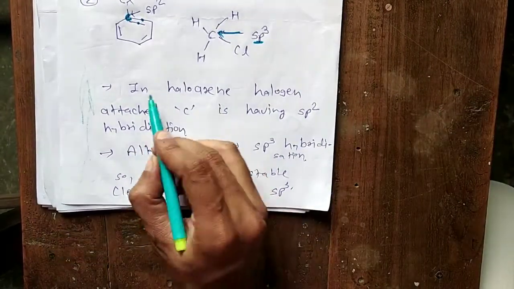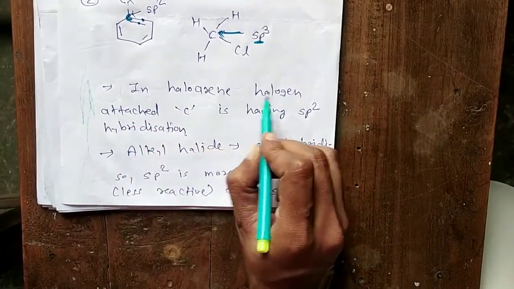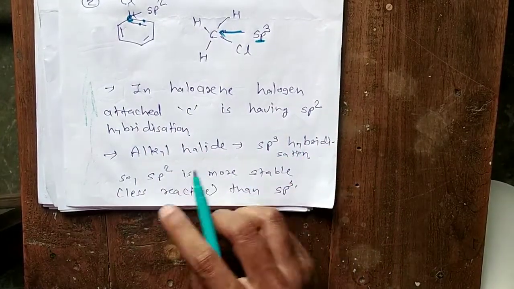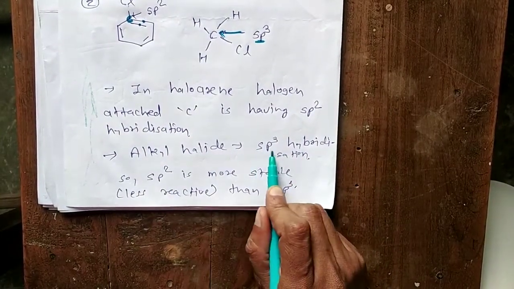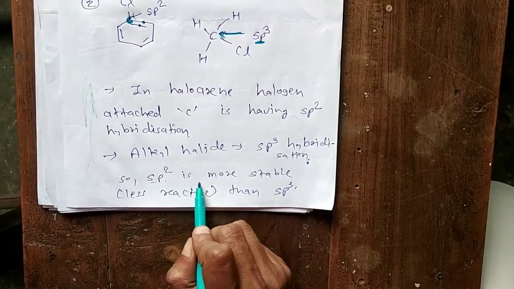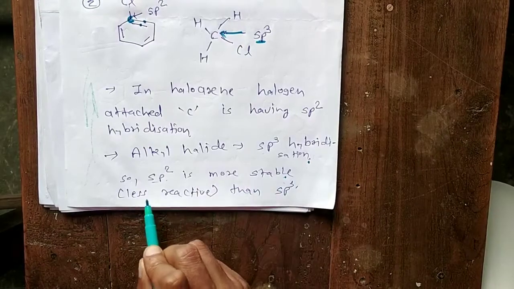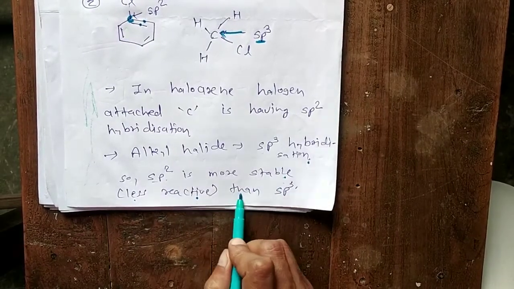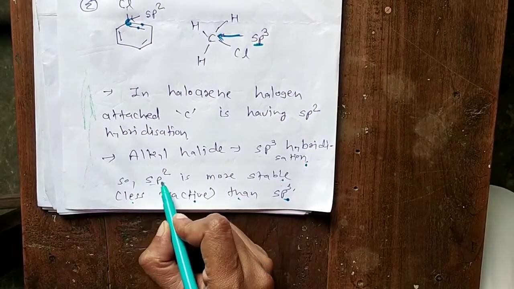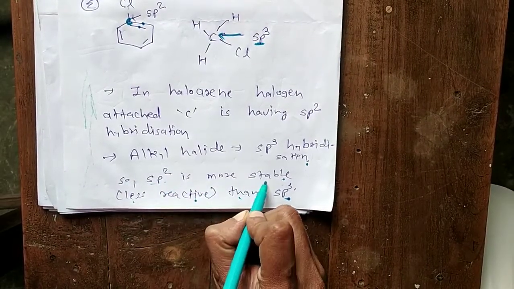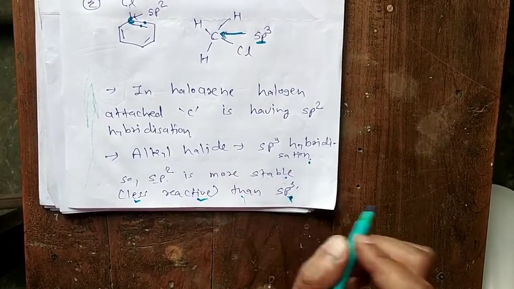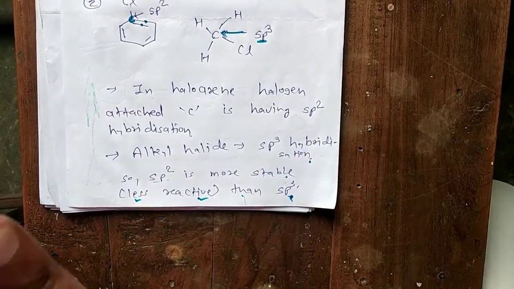So in haloarene, the halogen-attached carbon has sp2 hybridization, and in alkyl halide sp3 hybridization is there. sp2 hybridization is more stable, or less reactive, than sp3 hybridization. This is our second reason.